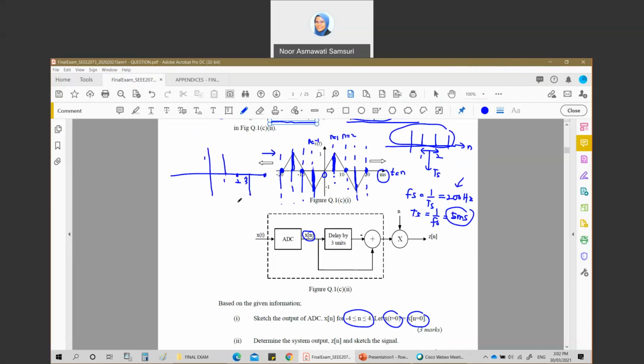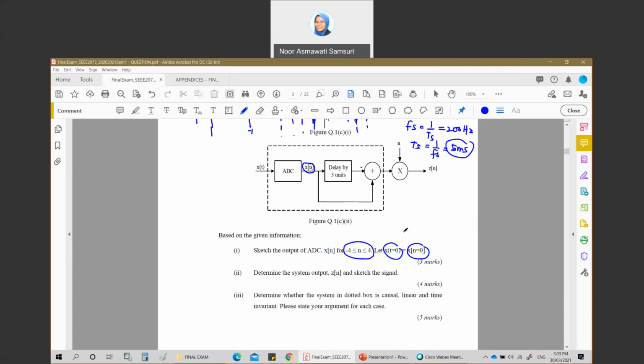Okay, this is 3. It's negative 1. Okay, same goes to the left-hand side. Okay, don't forget to label your axis. So this is your xn, and this is your n. Okay.